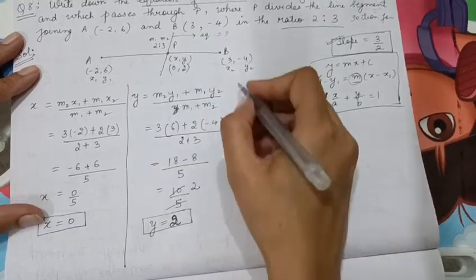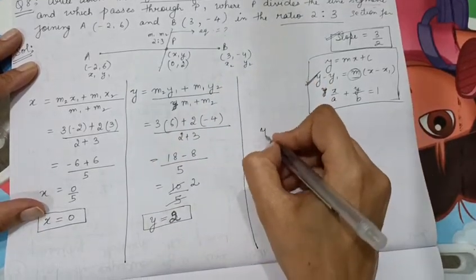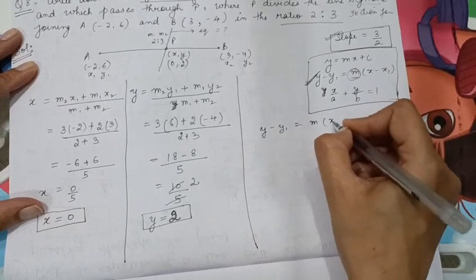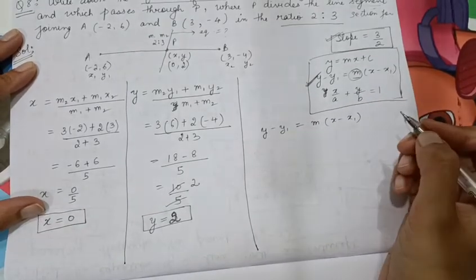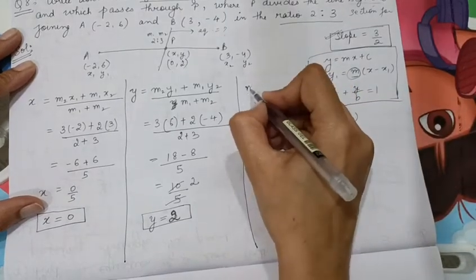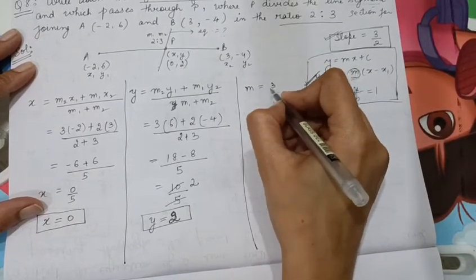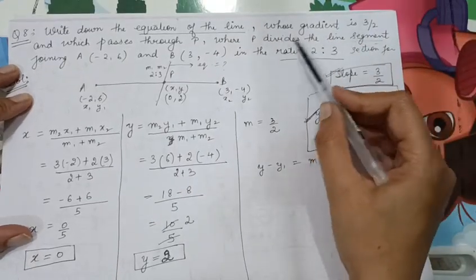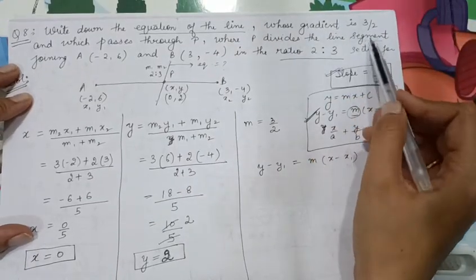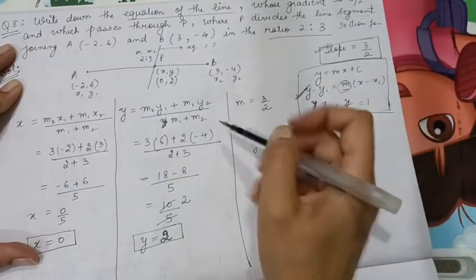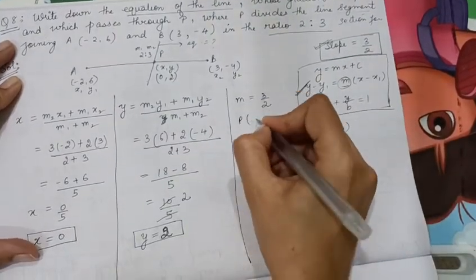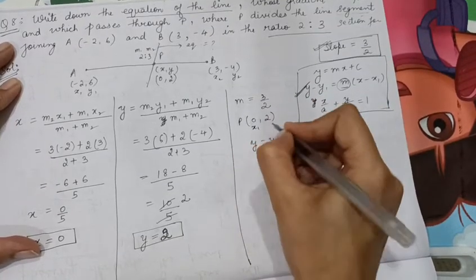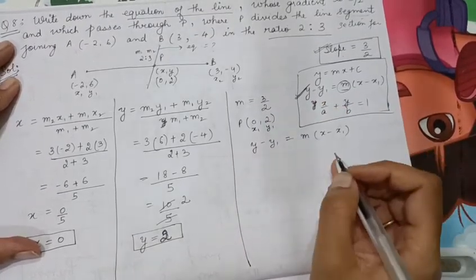Now it's very easy. We can use this form of equation of line, y minus y1 = m into (x minus x1), to write the equation of the line. The value of m is already given in the question: gradient means slope, so the slope is 3 by 2. And the coordinates of P, 0 comma 2, which we have just found, are x1 and y1.